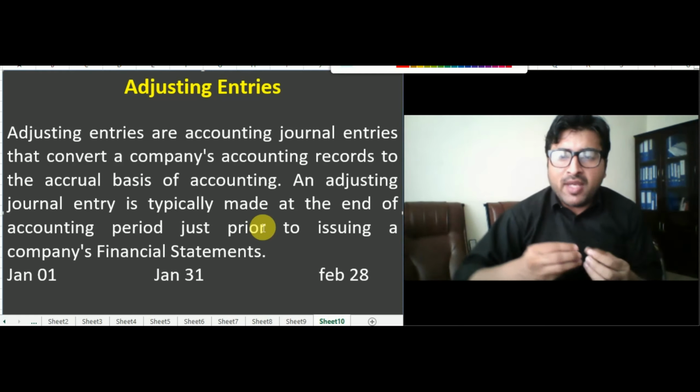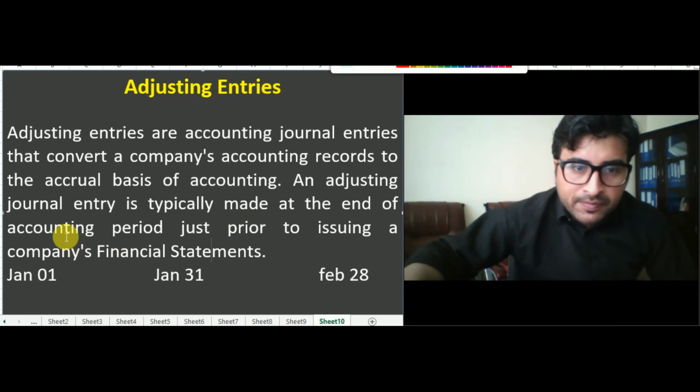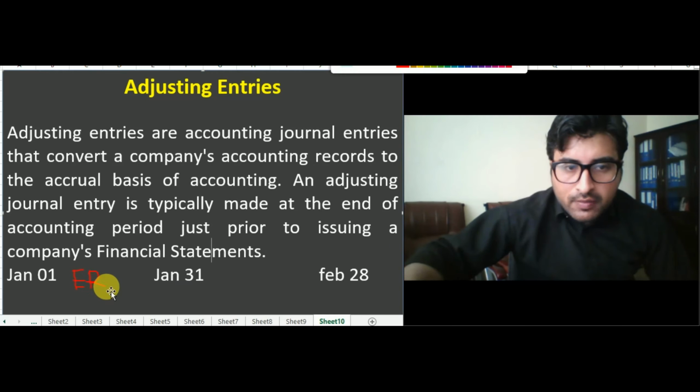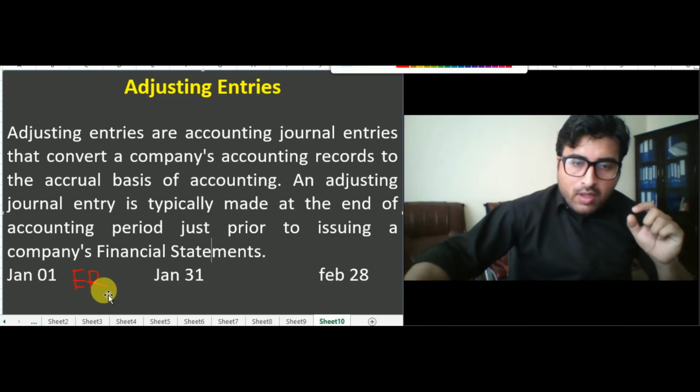So what is meant by matching? Look here. We have expenses in this period, and we also have revenues. Expenses are incurred in a business for the purpose of generating the revenues.